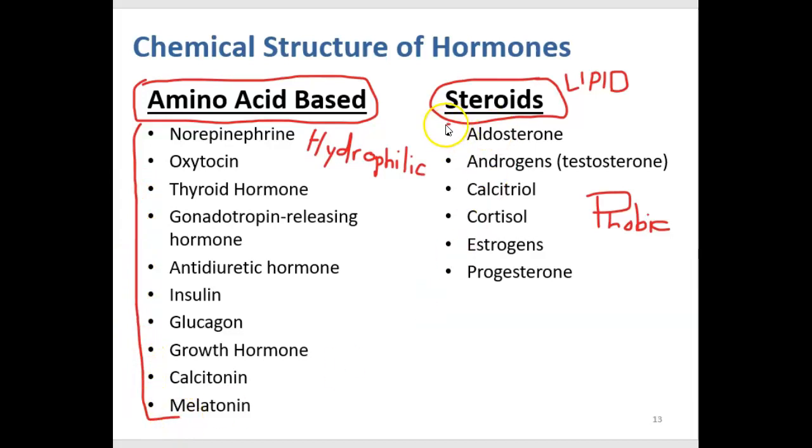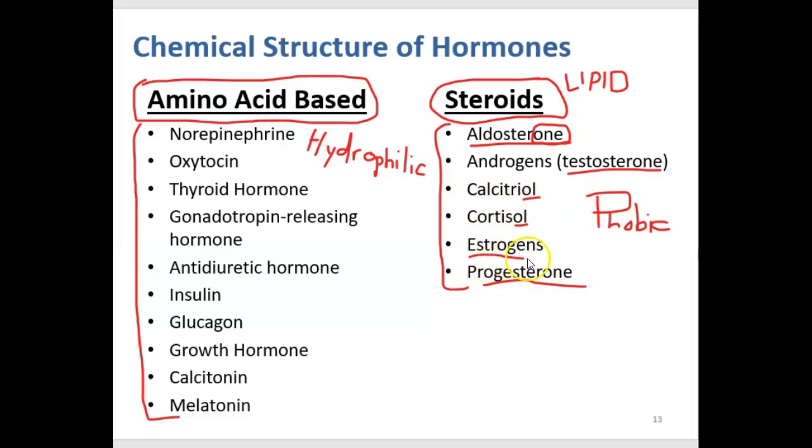There's just a few that are steroid based, and some of them might sound familiar to you, like testosterone is a steroid, progesterone is a steroid, aldosterone. This ONE ending is a tip-off that it's a steroid. Another tip-off is the OL at the end. Cortisol and calcitriol, those are steroid hormones.